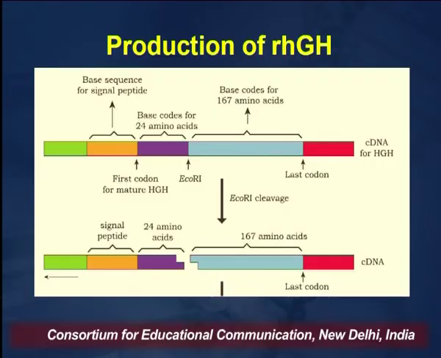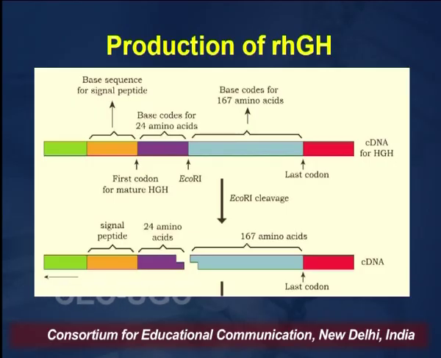When we cut this EcoR1, it releases a 24 amino acid sequence which is up to this 191 amino acid part only. So, that 191 amino acid part is basically going to be cut off as well.